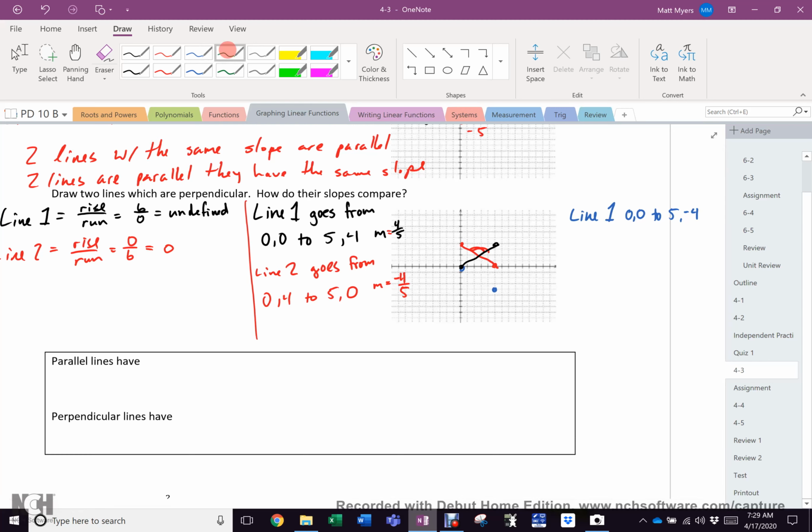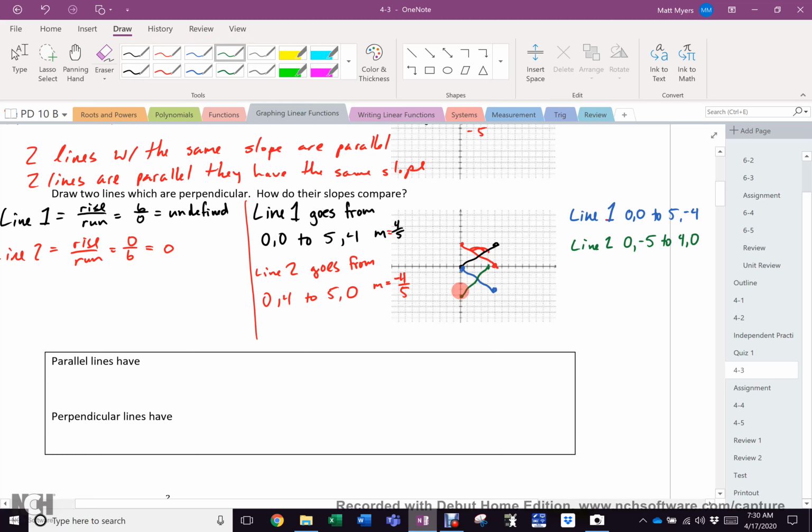And line 2, which we'll do in green, is going to go from 0, negative 5 to 4, 0. Blue line first. 0, 0 to 5, negative 4. And 0, negative 5 to 4, 0.